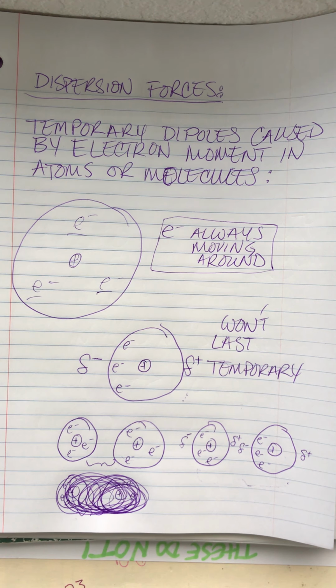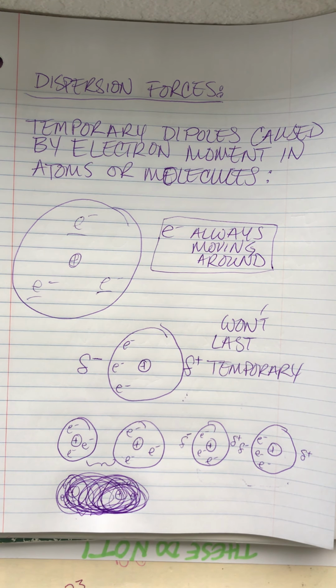Okay, so when we look at a Lewis structure, how can we tell if we have a polar molecule? Asymmetry and polar bonds, right? If you don't have those things, then you can't have a polar molecule. If you don't have a polar molecule, you cannot have dipole-dipole.